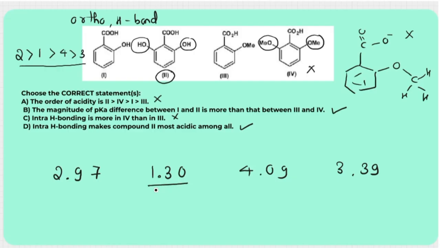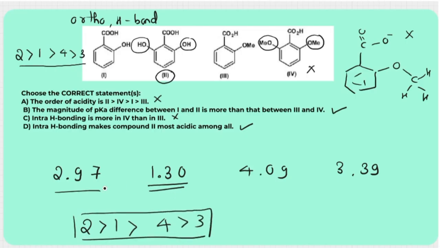So remember, lower the pKa value, higher will be the acidic strength. Therefore, 2 greater than 1 greater than 4 greater than 3. So remember, once again, you don't have to memorize the values. Just to give a justification for the statements, here I am giving you the value.